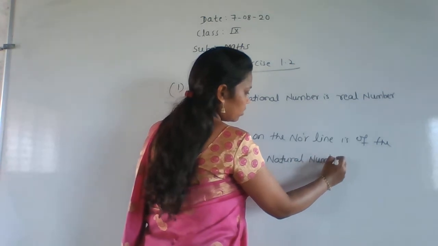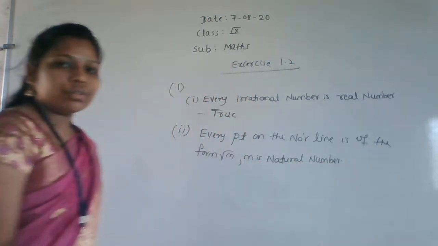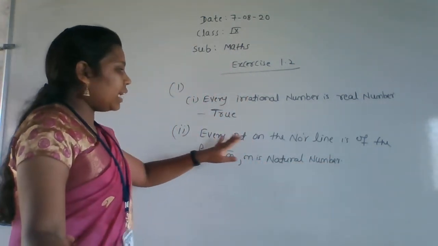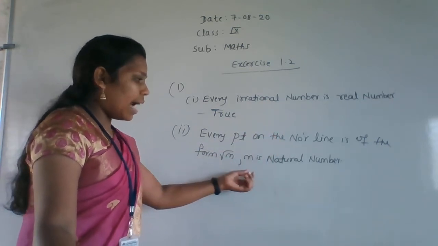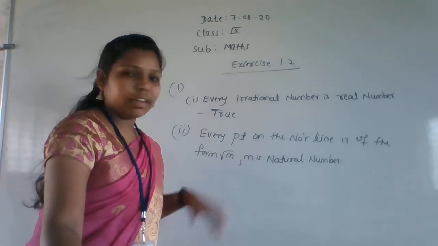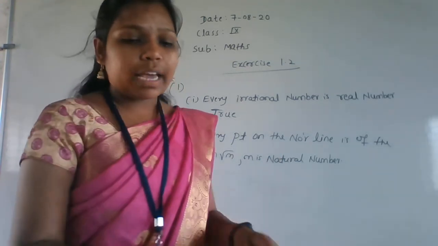They given like this. See here. Okay. So here they given every point on the number line is of the form root m and m is a natural number.